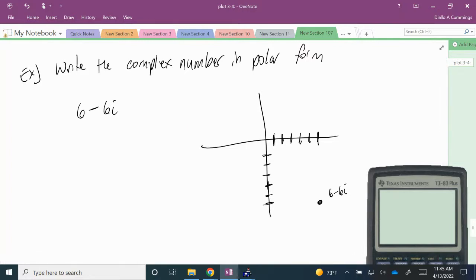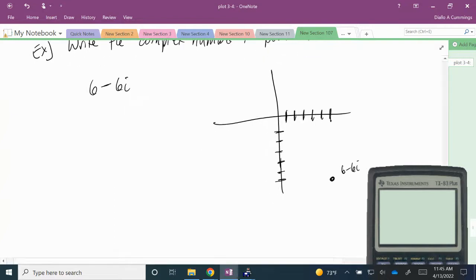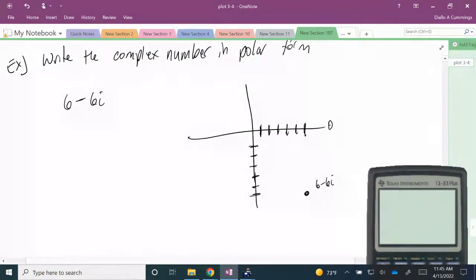I'm going to write some degrees around my axes. Here I have 0 degrees, or 0 radians, 90 degrees, which is pi over 2, 180 degrees, which is pi, 270 degrees, which is 3 pi over 2, and I complete the circle at 360 degrees, or 2 pi.